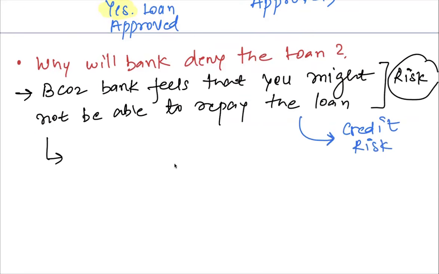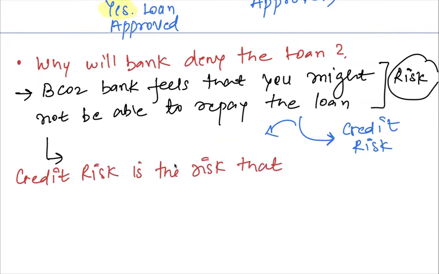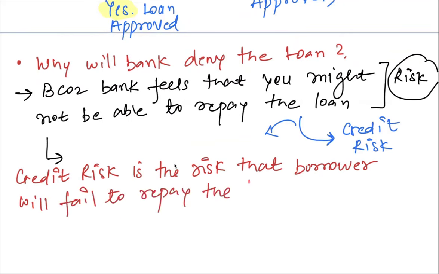So let me write a formal definition for credit risk. The formal definition is, it is the risk that the borrower will fail to repay the loan or meet contractual obligations.